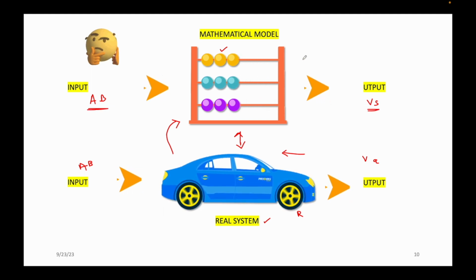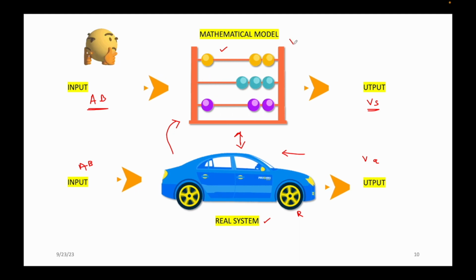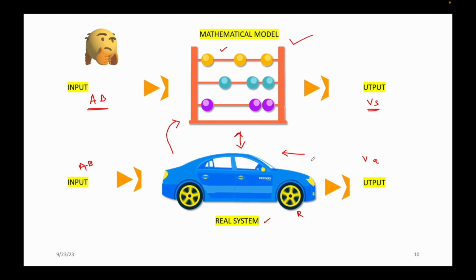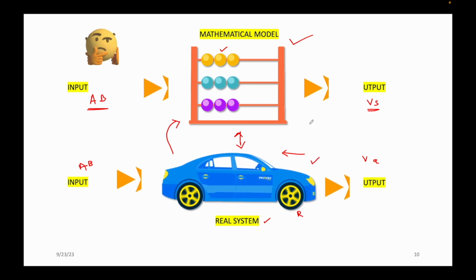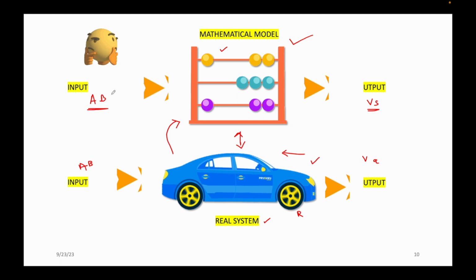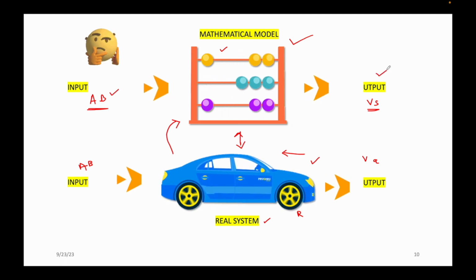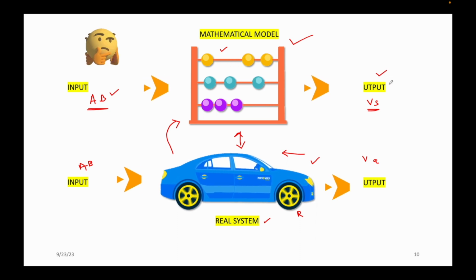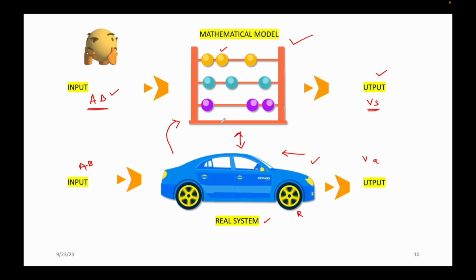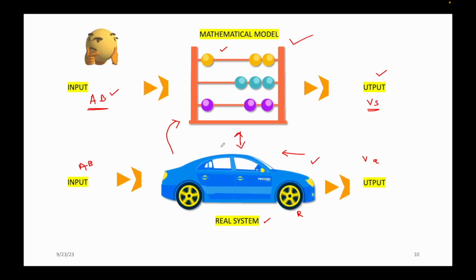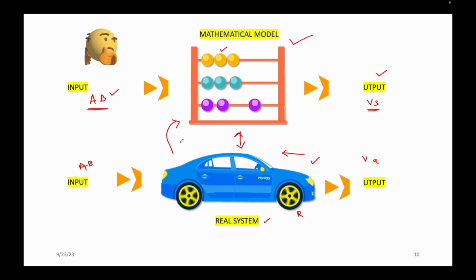By analyzing this particular mathematical model, we can predict what will happen in this particular real scenario. The advantage of having a plant model is we can give any input here and we can generate whatever is the considerable output here. One situation could be, suppose you are accelerating at 100% and you need to know what is the velocity at 100% acceleration.